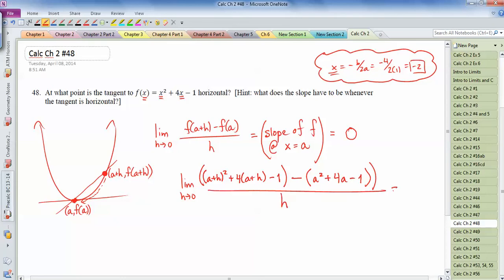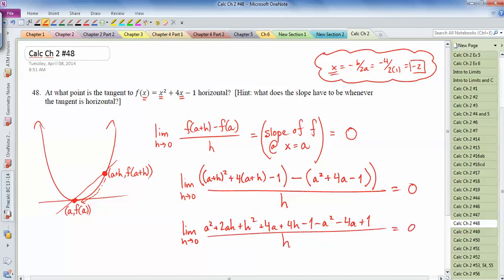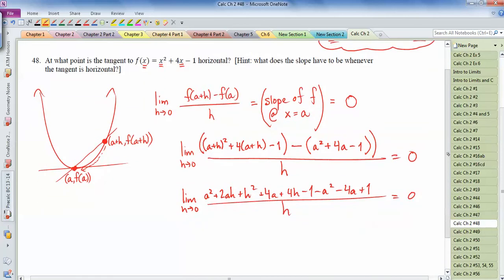And we want that to be 0 still, right? So if I work this out a little bit more, the limit as h goes to 0 of a squared plus 2ah plus h squared plus 4a plus 4h minus 1, and then I'm going to distribute the negative: minus a squared minus 4a plus 1, all over h. That has to equal 0 because we still want that slope to be 0.